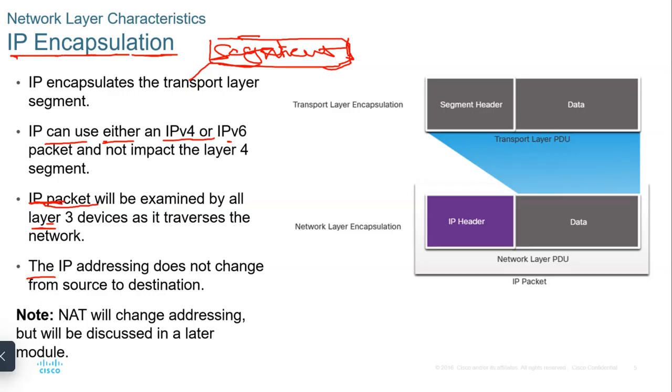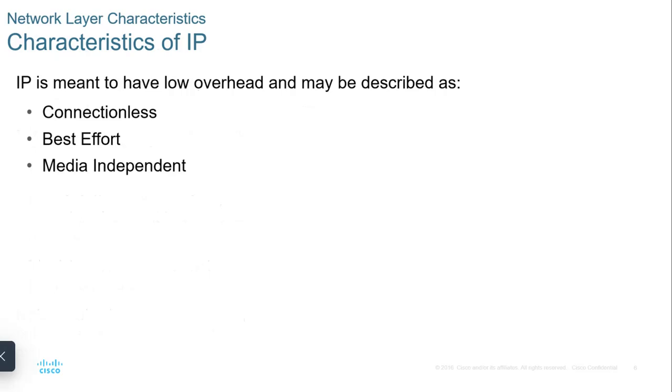The IP addressing does not change. The IP addresses set on the source and destination will not change in the process of sending a packet from the source to the destination.